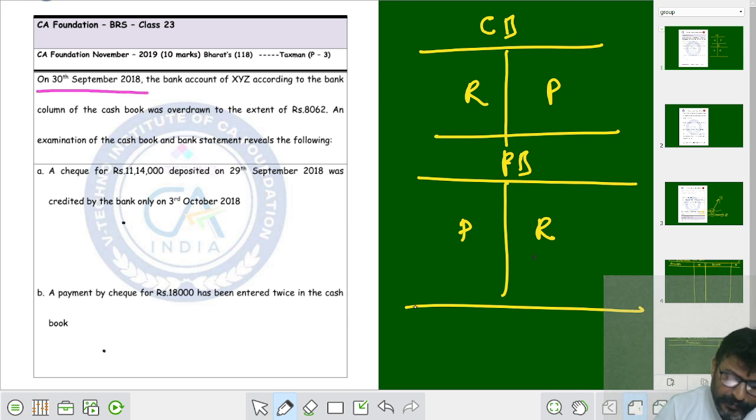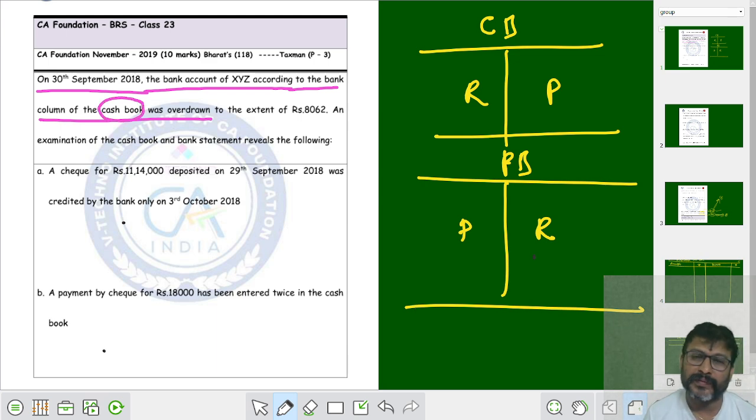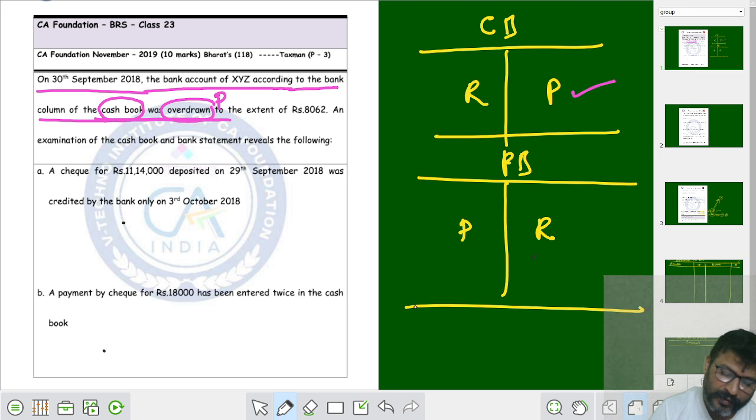On 30th September 2018, the bank account of XYZ according to the bank column of the cash book shows an overdraft. Overdraft means payment. When there is a cash book overdraft, it is a payment. It is to be taken on the credit side of the payment in the cash book.